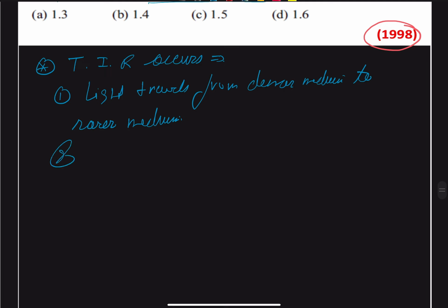And secondly, the angle of incidence should be greater than the critical angle.